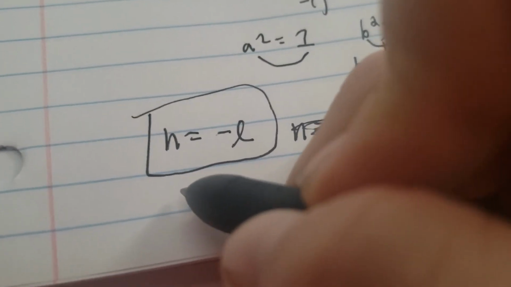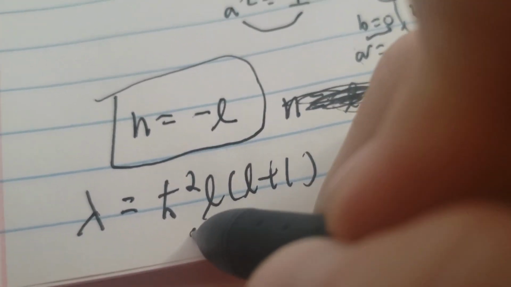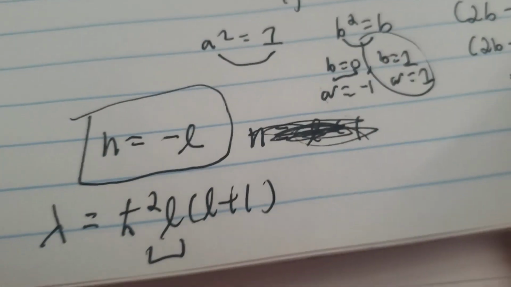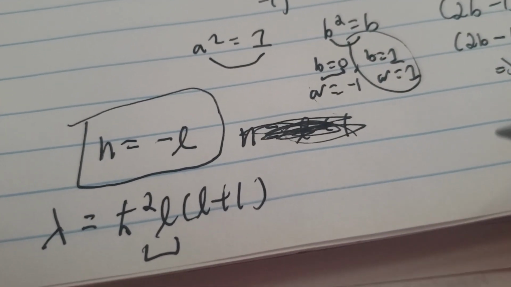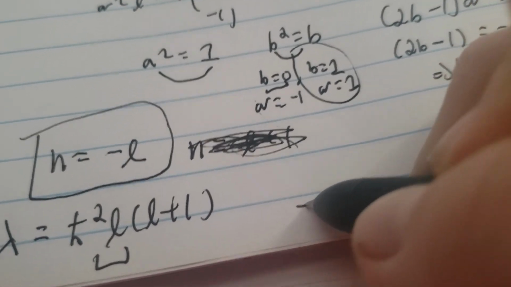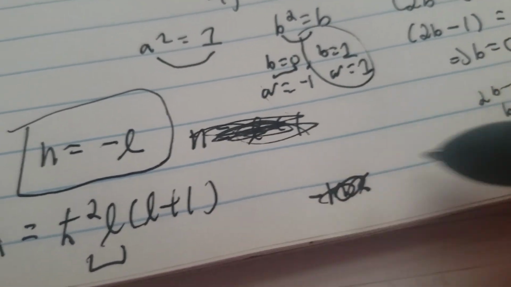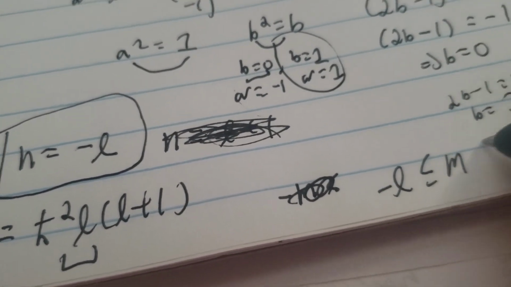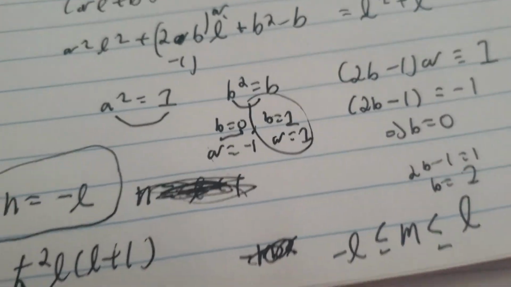So, in summary, our total angular momentum lambda determines l, and our Lz eigenvalues are between negative l and l.